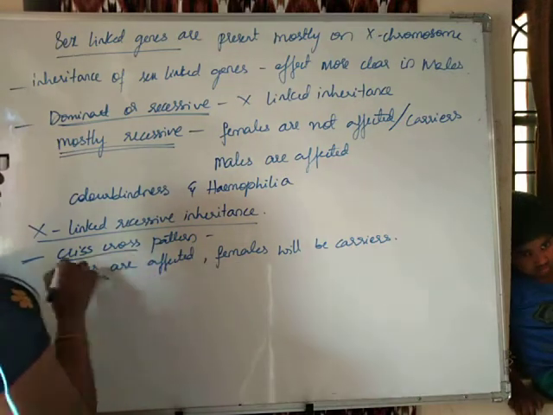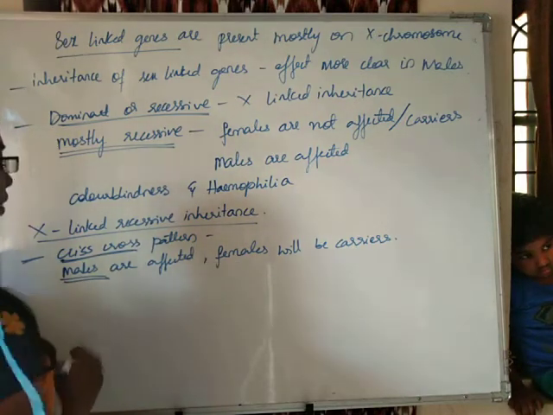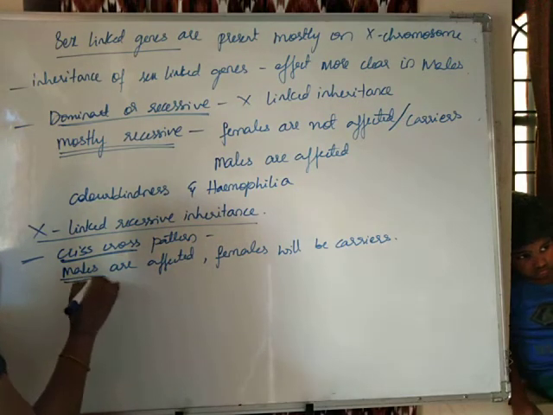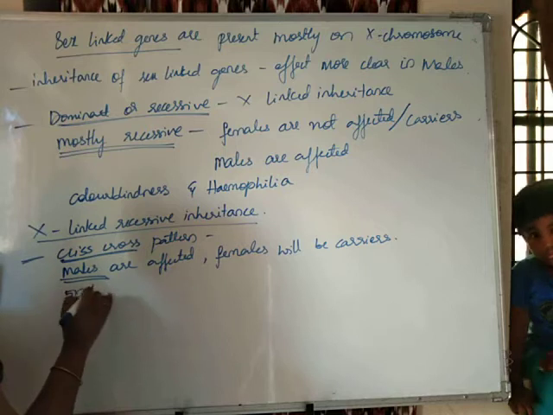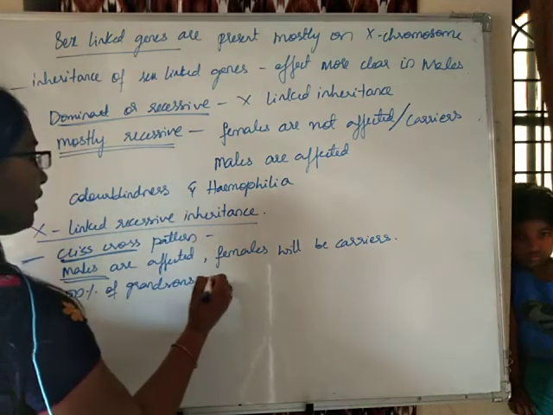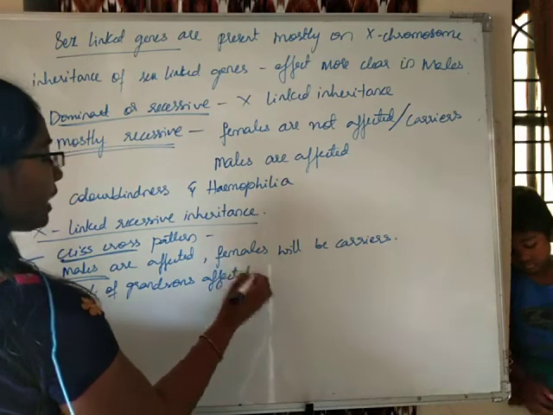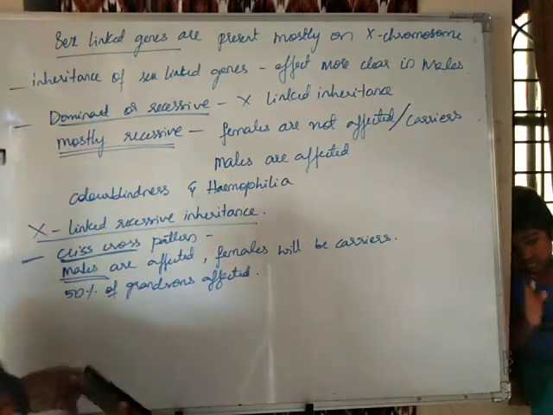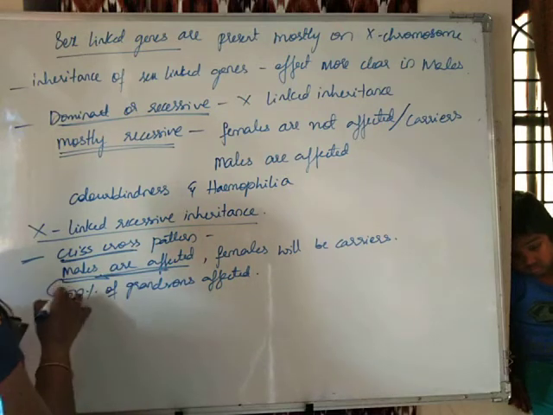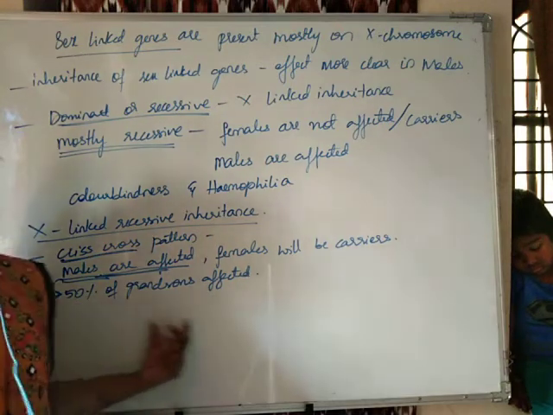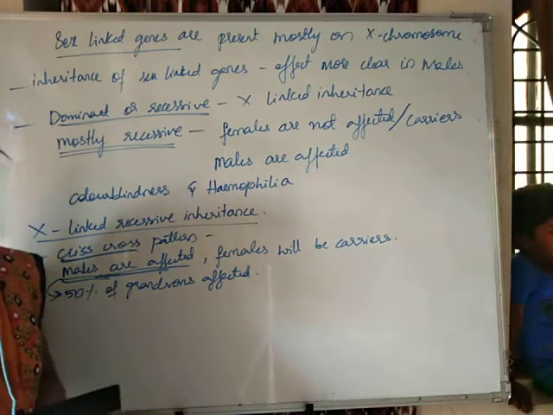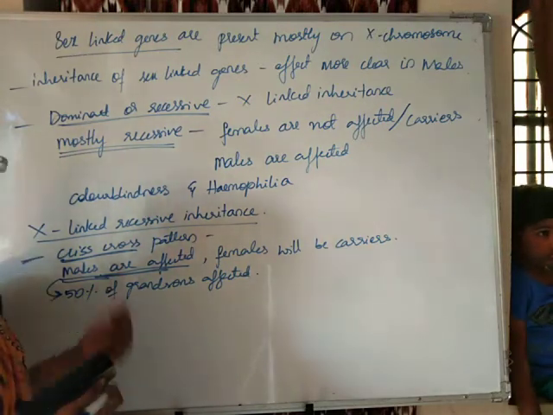This is called the crisscross pattern of inheritance because from these affected males, 50% of their grandsons will be affected. That means the males are contributing to the formation of females, so males will give rise to females.